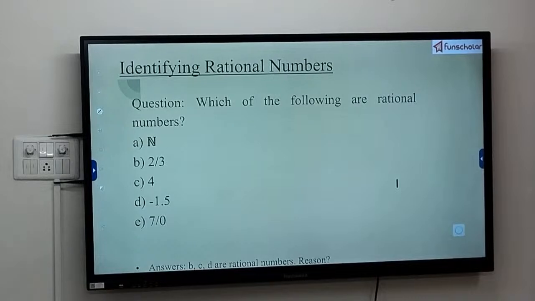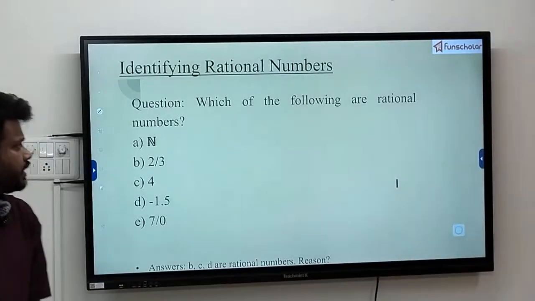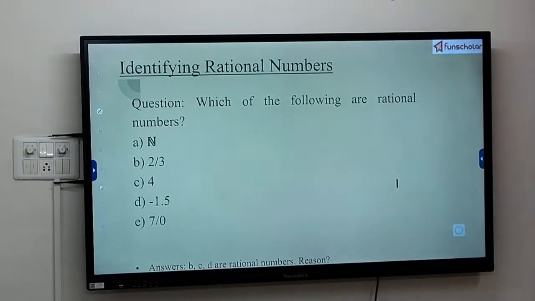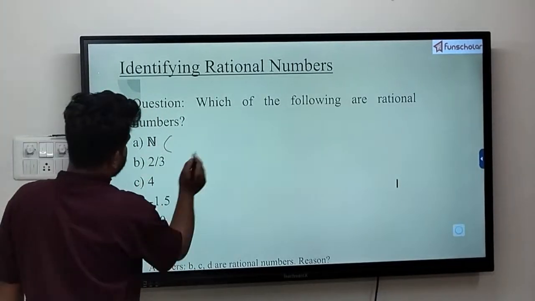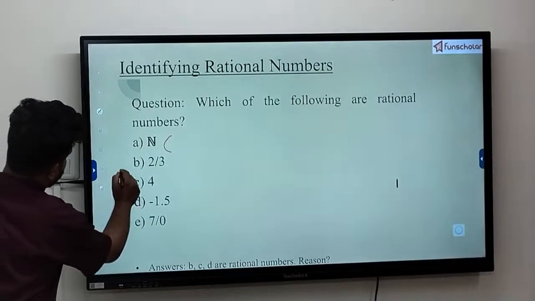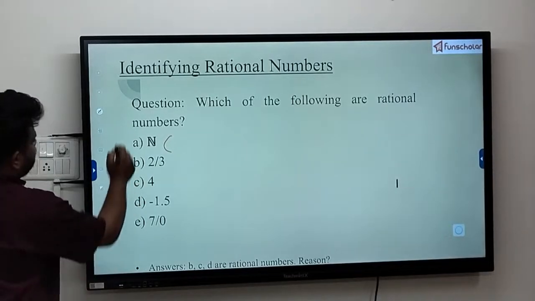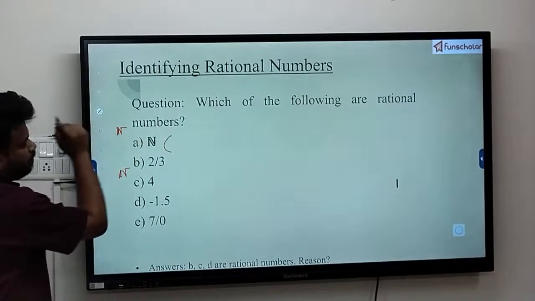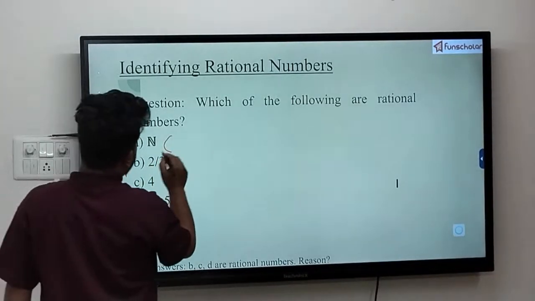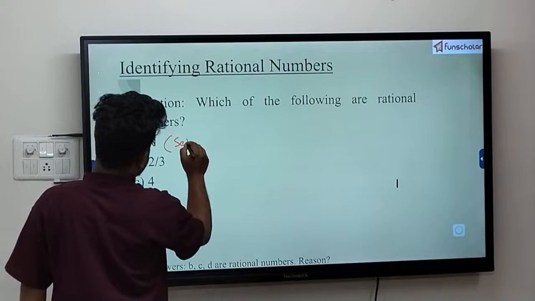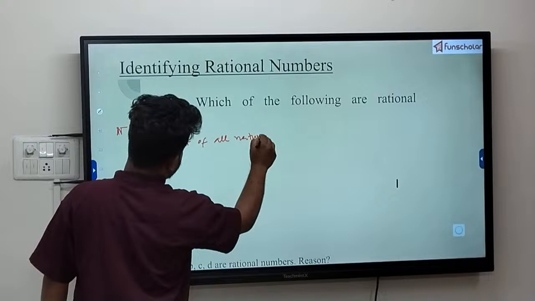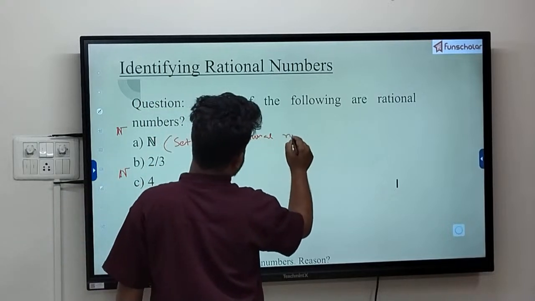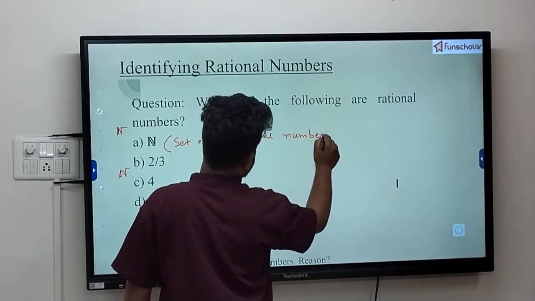So we will do this little sum. What it's saying: which of the following are rational numbers? The first of all is N. If you don't know what the N means, this type of N, the double-struck N, this is called the set of all natural numbers.